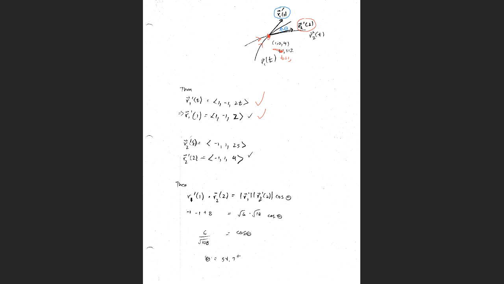Okay, those derivative vectors for those space curves, and then we evaluate the derivative vector for the first space curve at t equals 1, and we evaluate the derivative vector for the second space curve at s equals 2. And now what we're trying to do is we need to find the angle between those two vectors. So it boils down then to a dot product problem.